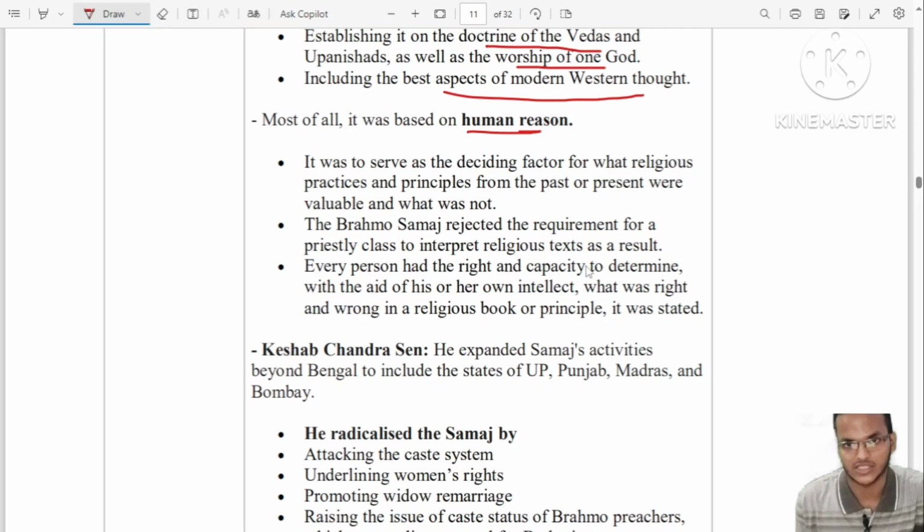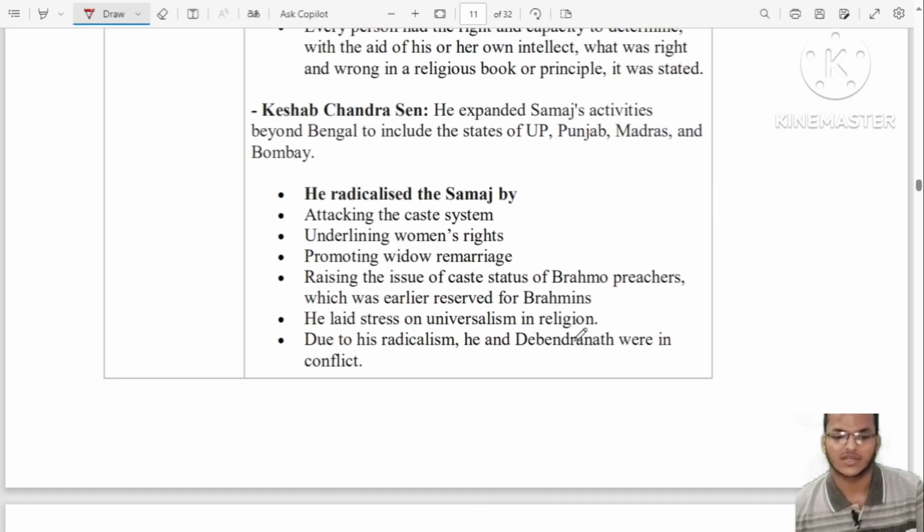Most of all, it was based on human reason, meaning they saw the logic and thought practically about what is possible or not in reality.